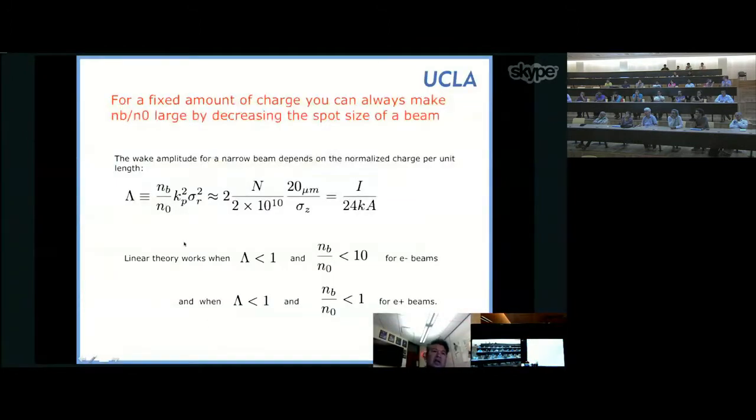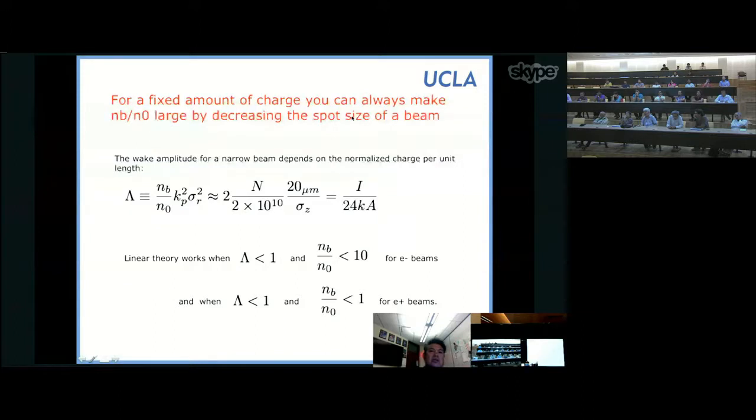So I'd like to discuss something for a fixed amount of charge. If I have 10 kiloamps of current, you can always make the beam density to the plasma density very large by decreasing the spot size of the beam.